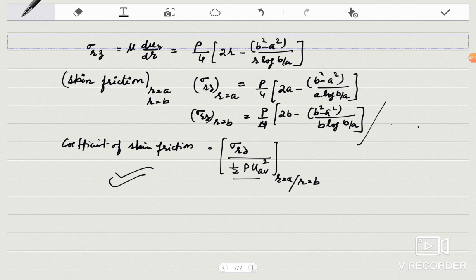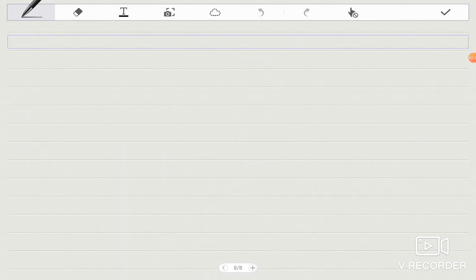So now I am considering case 3. Simply, case 3 is not a particular case of the general cases which have been discussed in case 1 and case 2. Rather it is slightly different, because in case 3 your fluid flow is just due to the rotation of concentric cylinders.